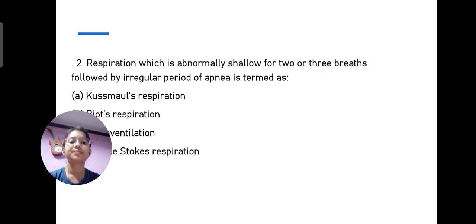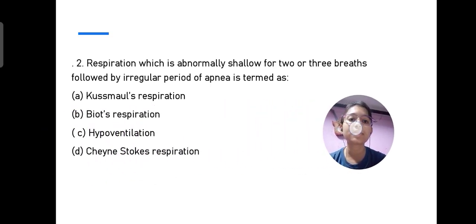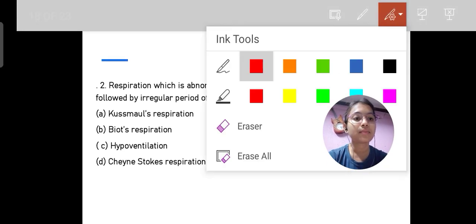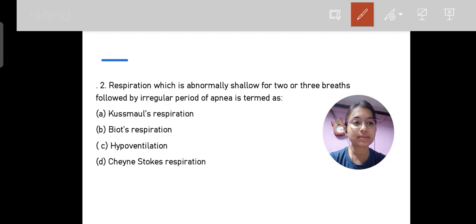Now, the respiration which is abnormally shallow for 2 or 3 breaths followed by an irregular period of apnea is termed as, abnormally shallow for 2 or 3 breaths followed by irregular period of apnea, it is known as Biot's respiration.